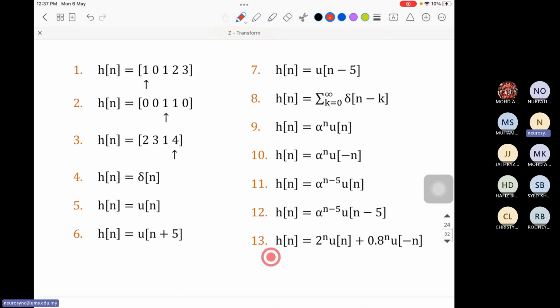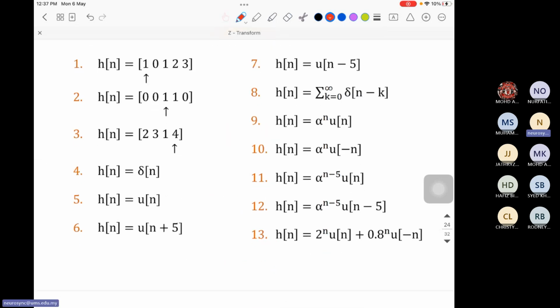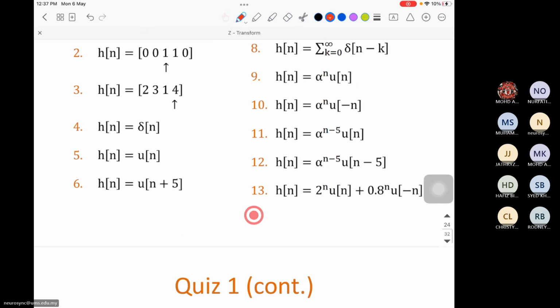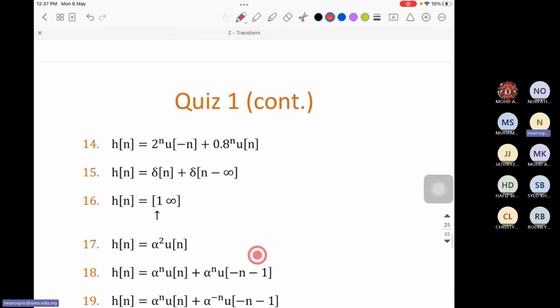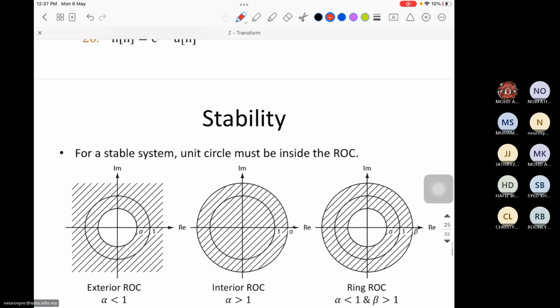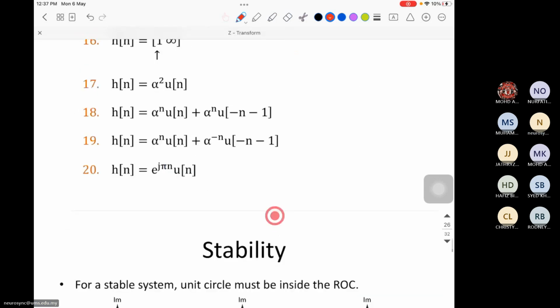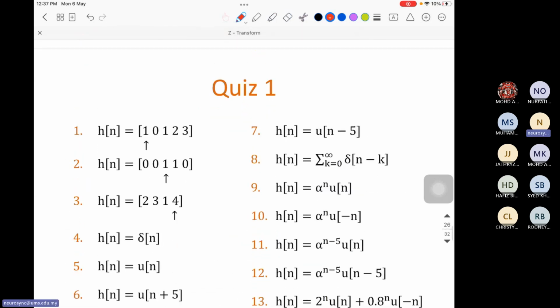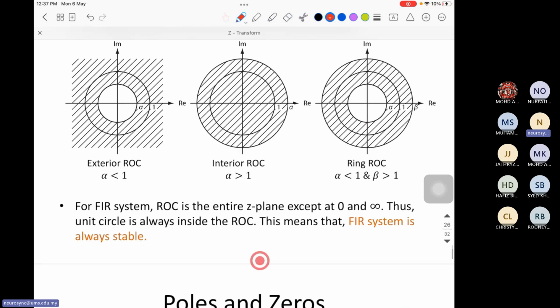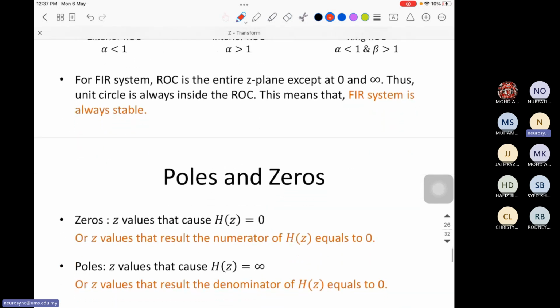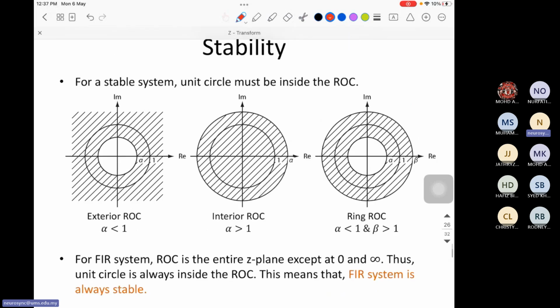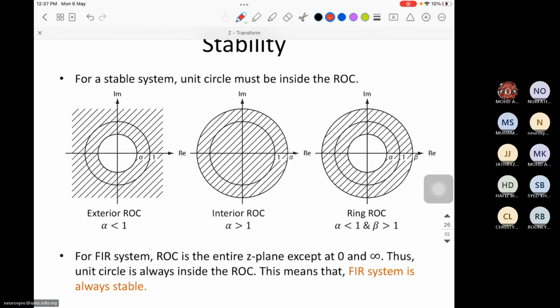Okay. So you can practice these examples at home, or we will solve some examples tomorrow maybe. So for today, we will stop here. Tomorrow we will see the stability, how to find stability using the Z transform.